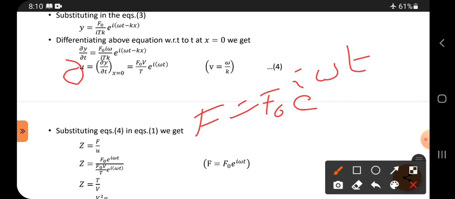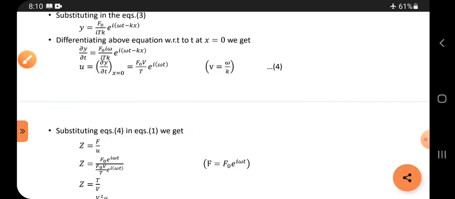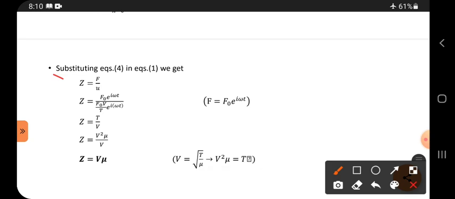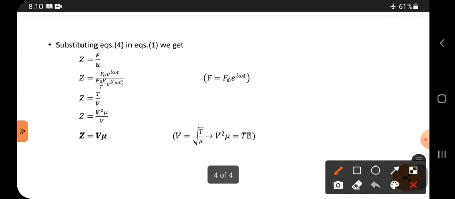So substitute the f value and this value in equation 1, that is, Z is equal to this. Substitute in equation 1, the f value is this one and the u value we just got is this, then f naught and e power of i omega t get cancelled, then finally T by v will be there.